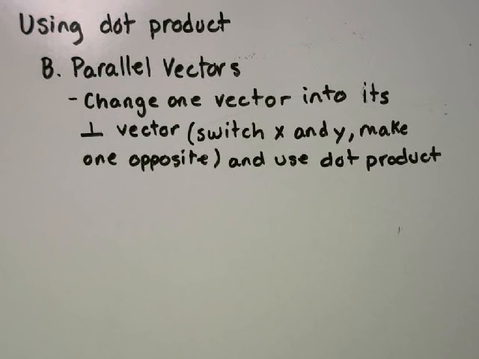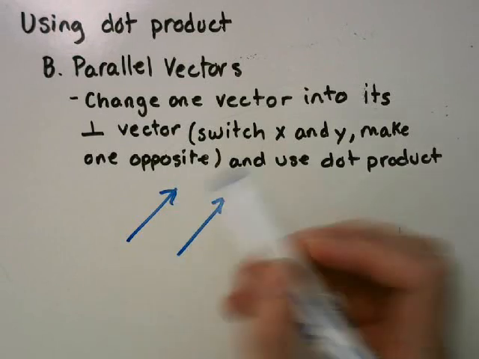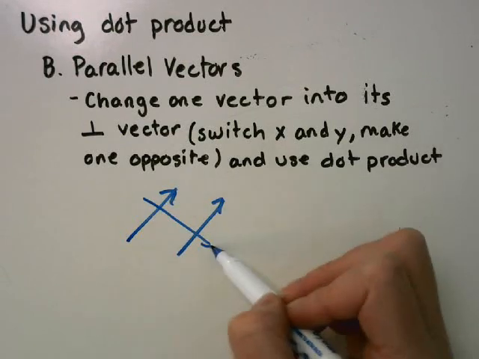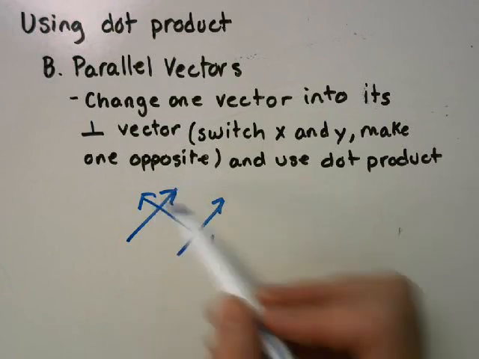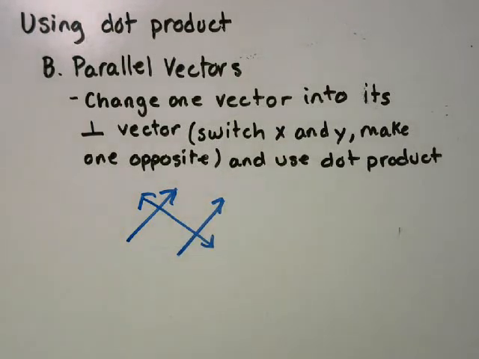I think about perpendicular lines. They have an opposite reciprocal slope. So we're going to switch the x and y and make one of them opposite. That will create a perpendicular vector. Then do the dot product. Because if I'm trying to show two things are parallel, if these two are perpendicular and these two are perpendicular, then they're parallel to each other. That's what we're going to try to show.